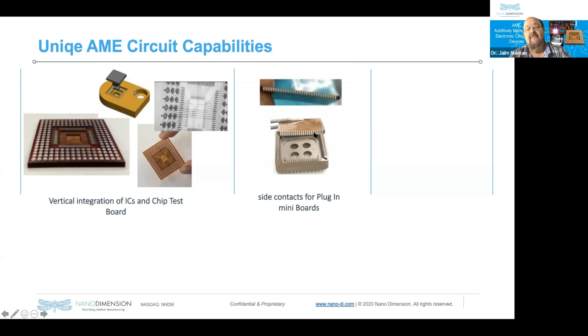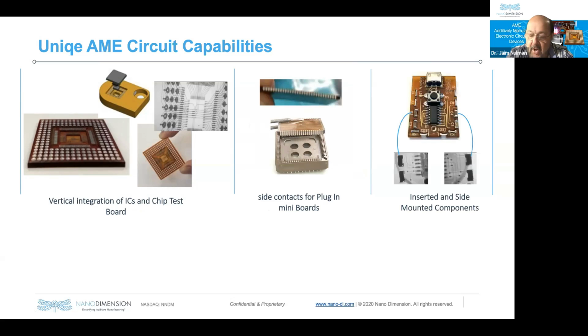So if you have a motherboard with some unique performance, but you want to add specific applications to it, you can create that board printed and then insert it into a socket using the side contacts. Or you can do embedding of components, like shown in these X-rays or this picture of this particular example, where there are embedded structures here, such as resistors and capacitors.